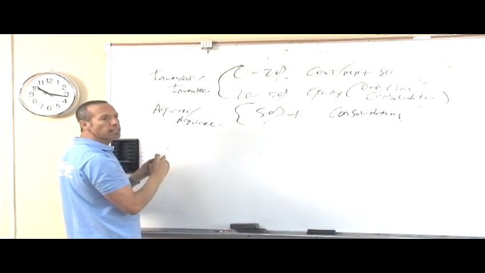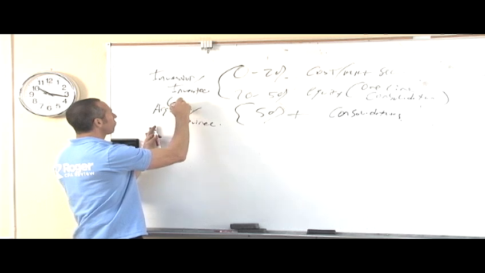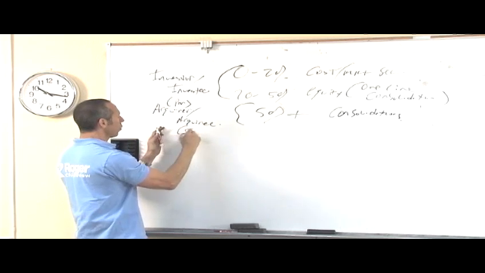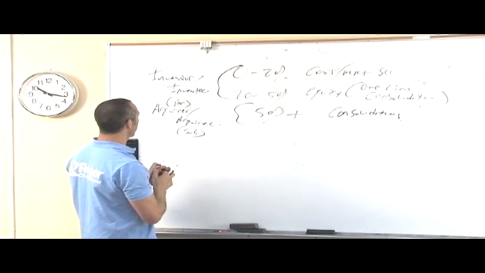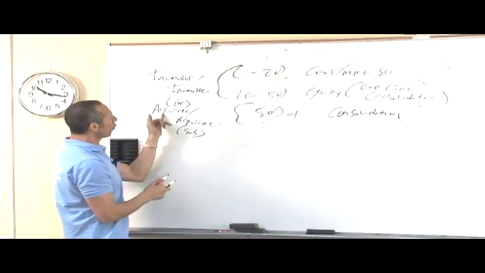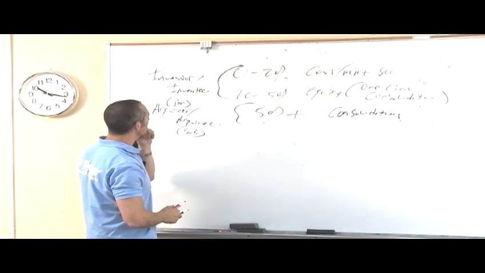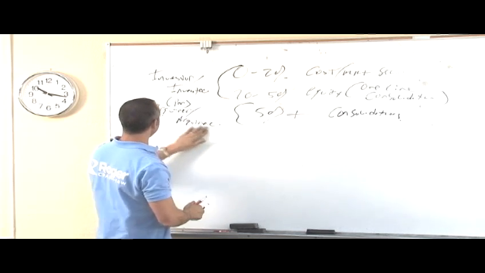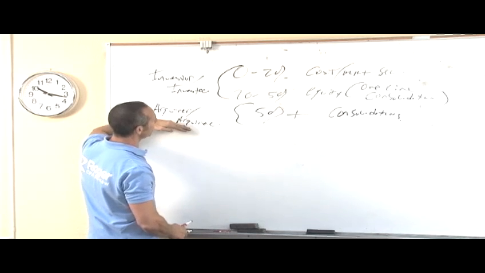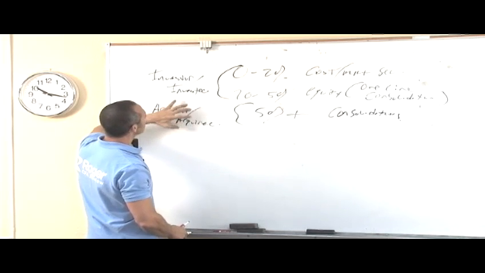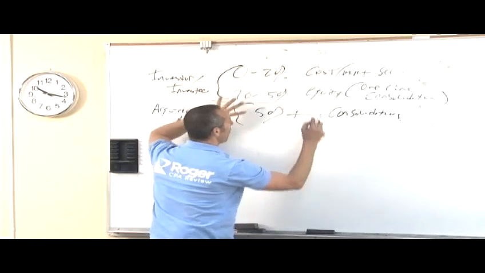Acquirer, that's the old parent. Acquiree, that's the old subsidiary. When we look at acquirer, acquiree, we have this person acquiring and the acquiree being acquired. Parent, sub.